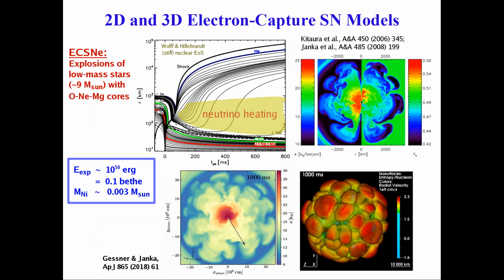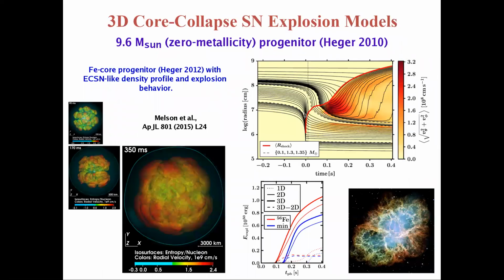And that actually creates favorable conditions for the neutrino heating. The material here cools because of expansion, and then the energy deposition by the neutrinos leads to this deposition of energy, which is needed to create the positive energy which is needed for a supernova explosion. The same phenomenon you can see here.